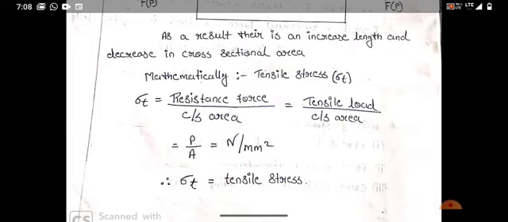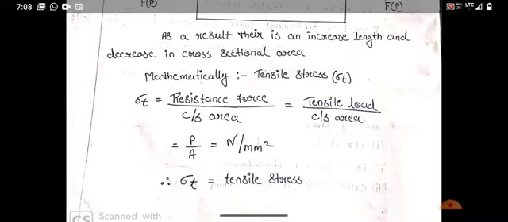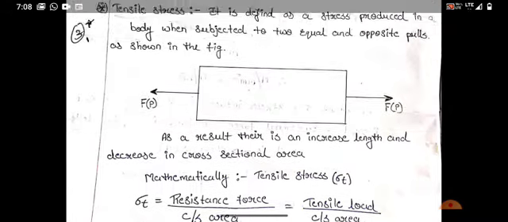So it is the same stress definition, force upon area, but here they take the tensile load upon cross sectional area. So this is about tensile stress.